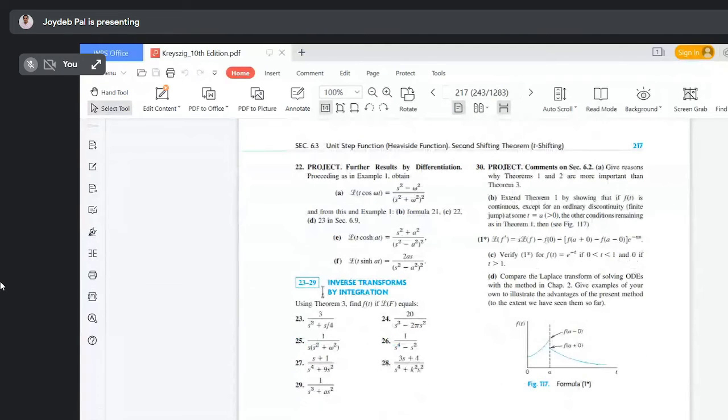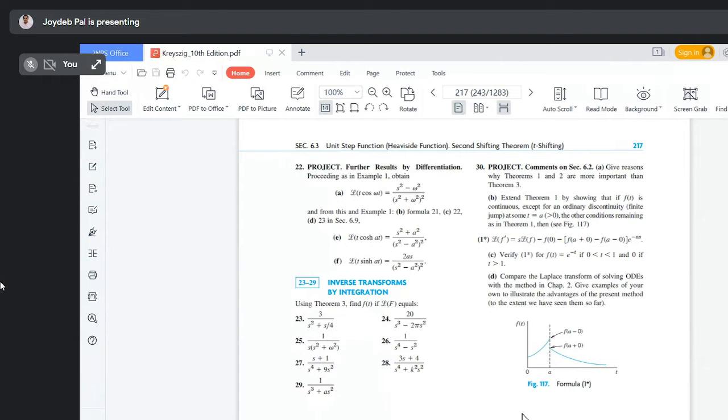Now 23 to 29, we have to find the inverse of some kind of function of s. Now how to find Laplace inverse? You see the trick here. What is the difference with the problems given in 6.1? There were also some problems where you have to find Laplace inverse of capital F(s).